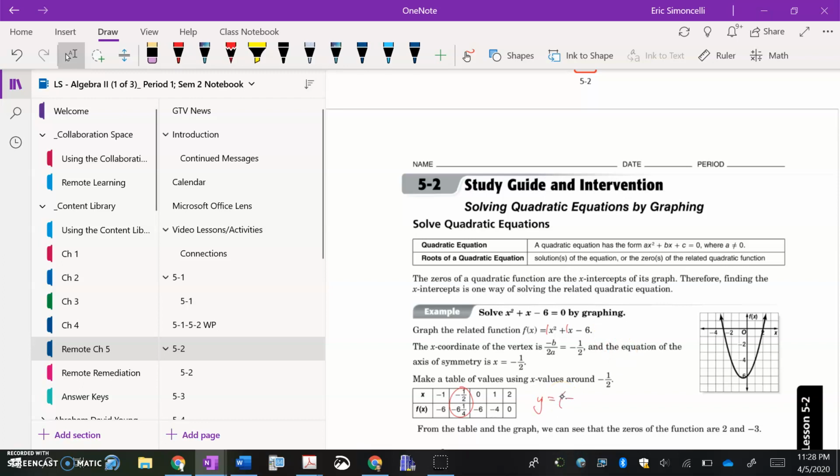And again, using parentheses, as we've done in the past with substitution, makes our lives more simple. With that particular math, you'll end up with negative 25 over 4, which is the same as negative 6 1/4. Okay, so that particular point is your vertex, so go ahead and plot that.